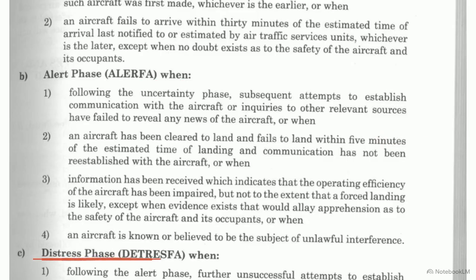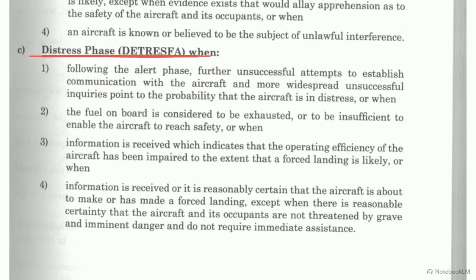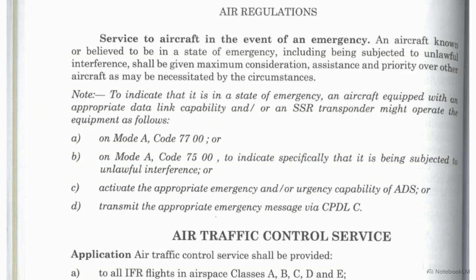Phase 3 is DITRESFA, the distress phase. This is declared when calculations indicate fuel is completely exhausted, or it is reasonably certain that a forced landing is imminent. These are not subjective estimations. They are rigid, chronological, legal triggers that you must memorize perfectly for the exam. In the cockpit, your immediate action is critical.